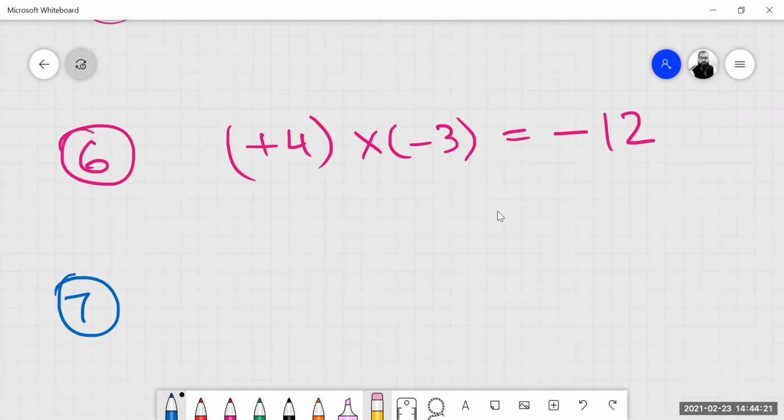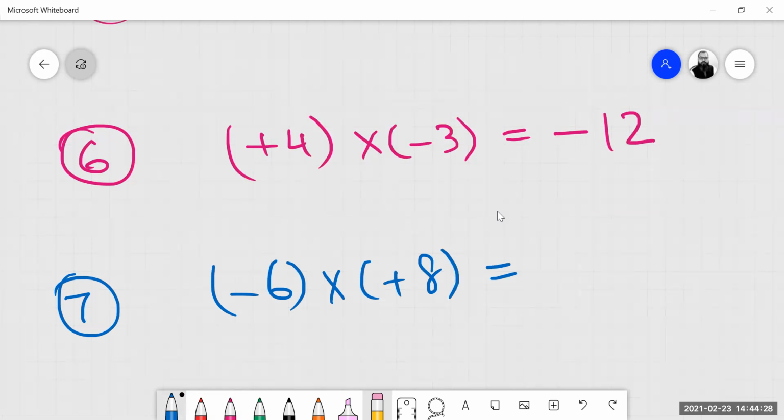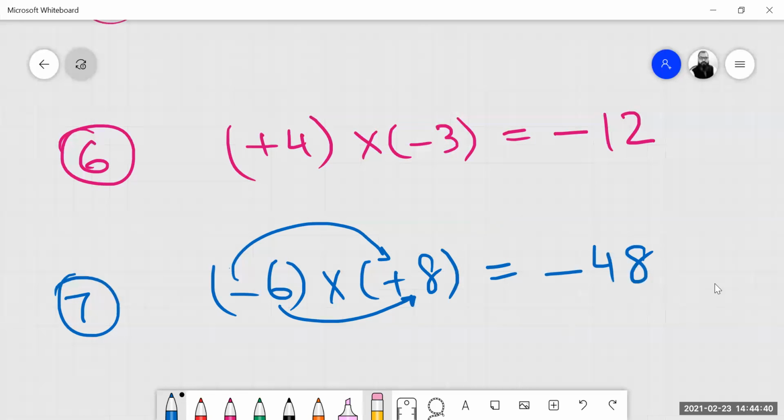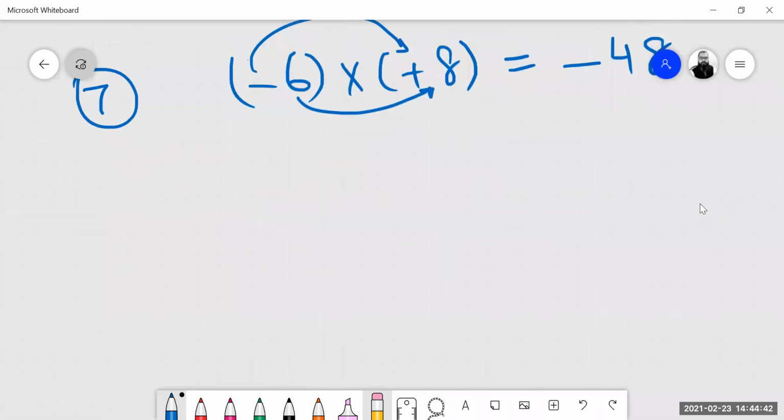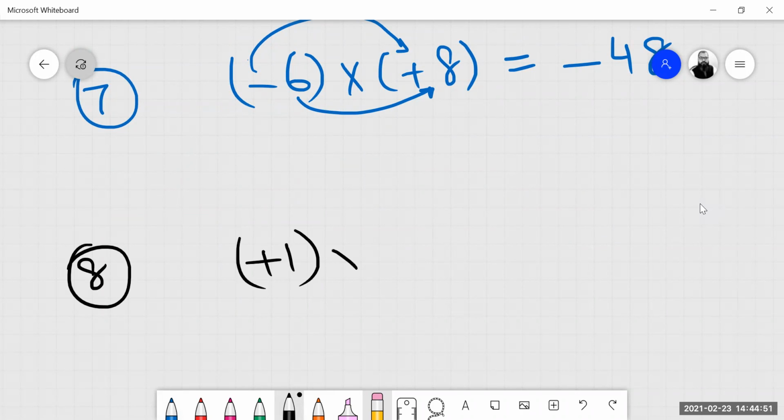Question number 7. Minus 6 multiply minus plus 8. So the answer: 6 plus multiply minus equals minus, 6 multiply 8 equals 48. Question number 8. Plus 1 multiply minus 5.